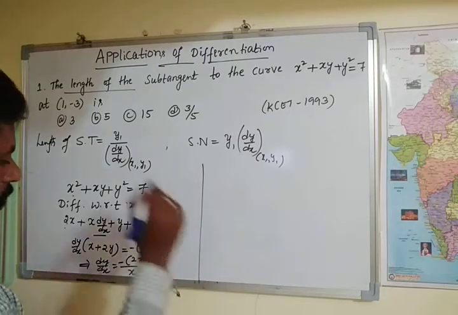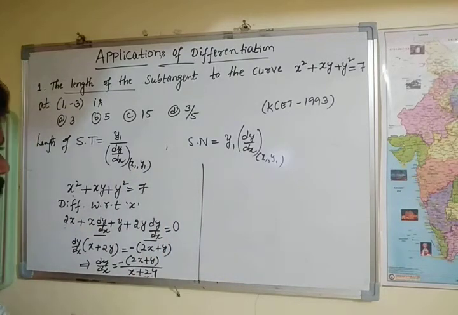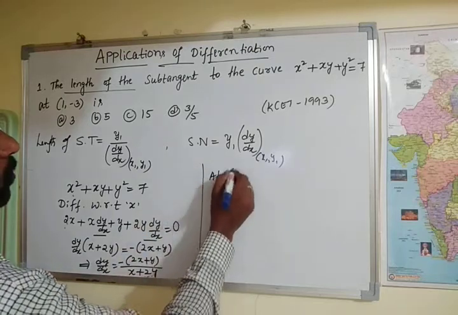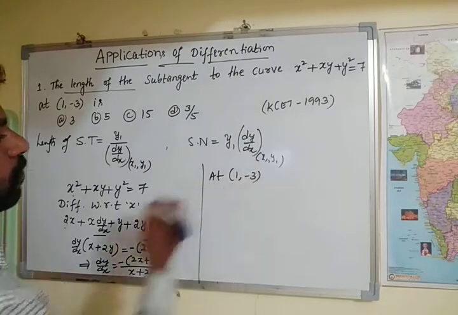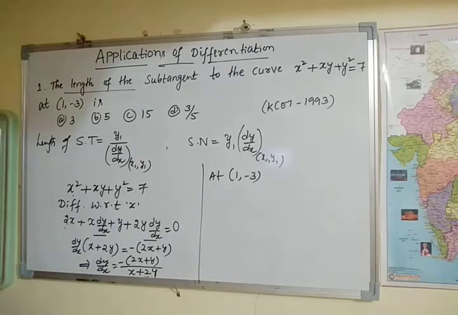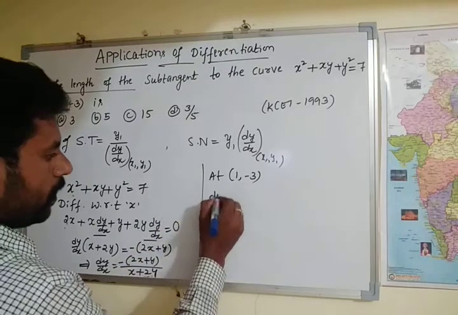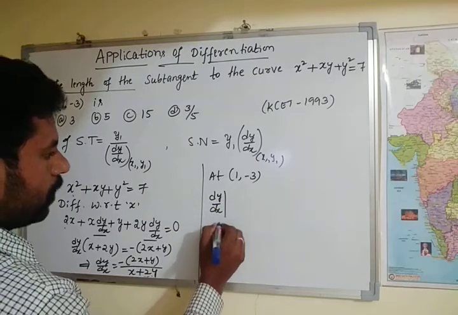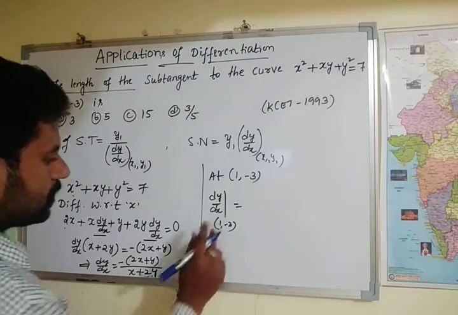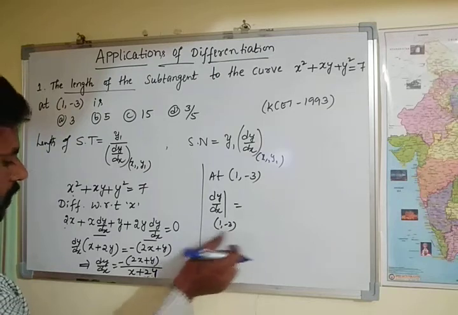So next, here at the point (1, minus 3), dy by dx at (1, minus 3): x is 1, y is minus 3.